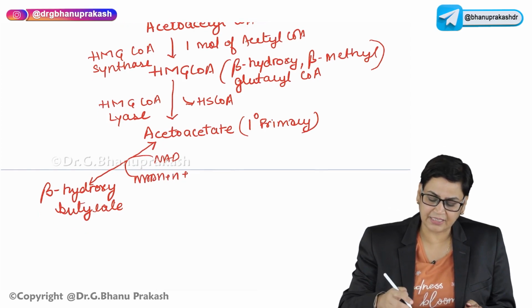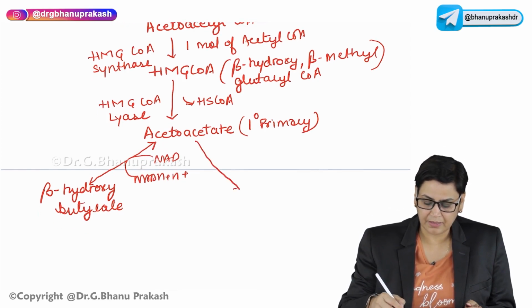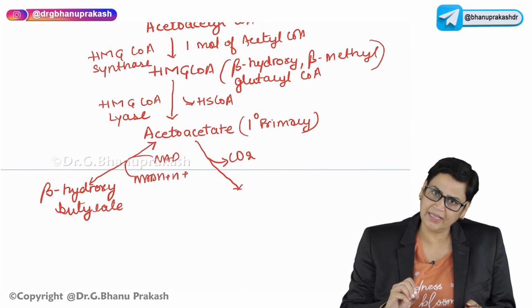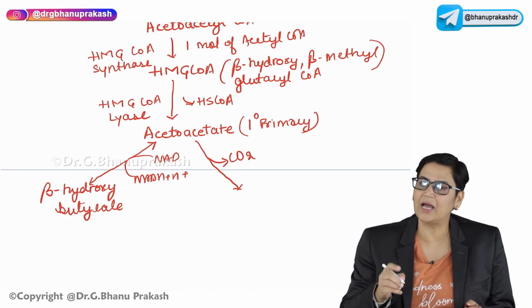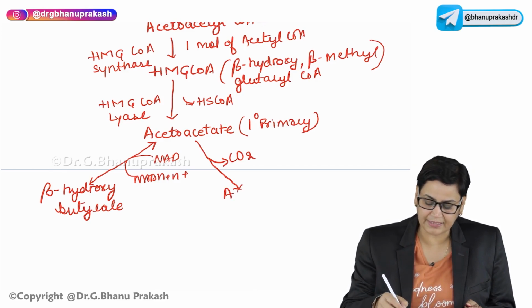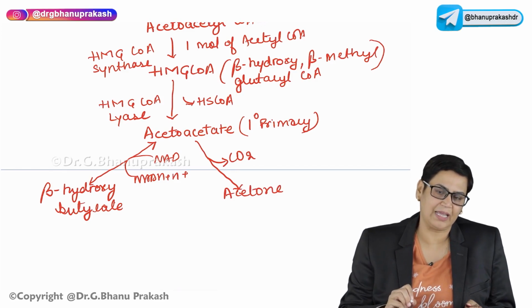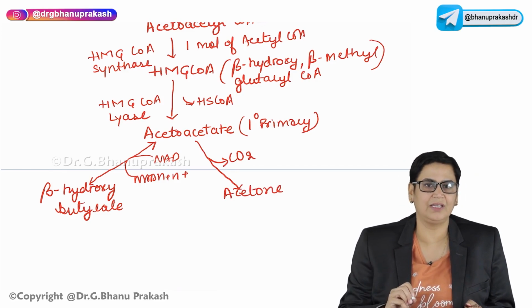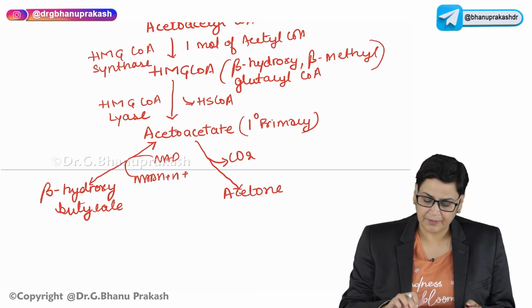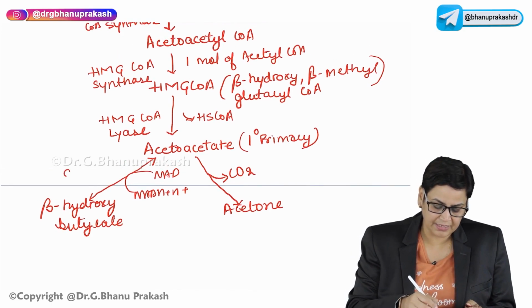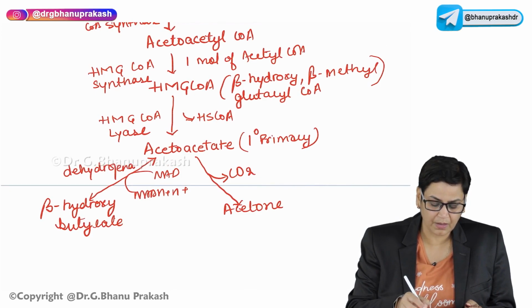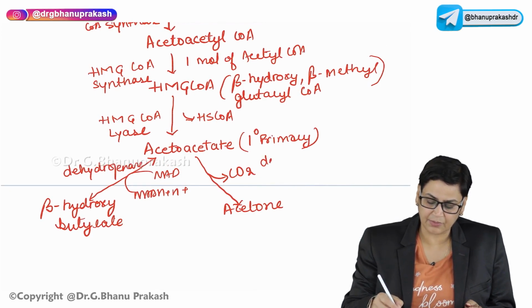And if this acetoacetate undergoes decarboxylation, it gives out carbon dioxide forming acetone. Because you know acetone is volatile, which is produced as a result of decarboxylation. And the enzyme here is dehydrogenase and here it is decarboxylase.